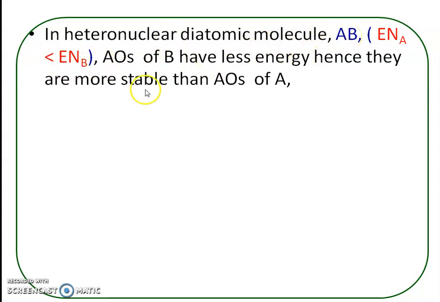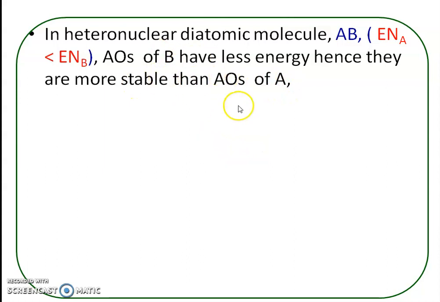Now in this heteronuclear diatomic molecule, as you know, the atomic orbitals of the more electronegative atom B have less energy, hence they are more stable than the atomic orbitals of A, because A is less electronegative.